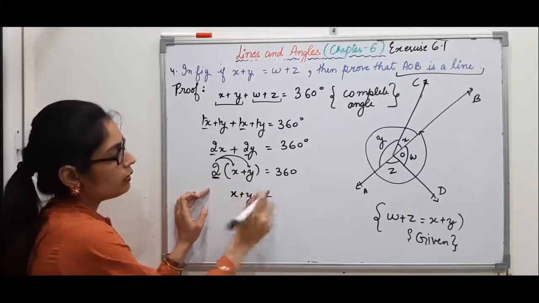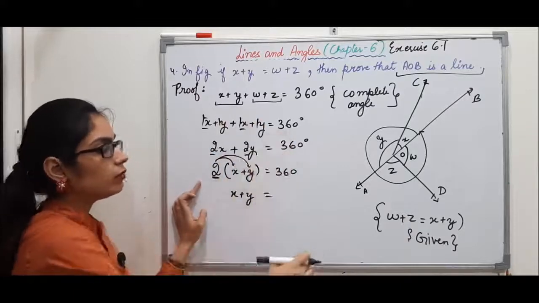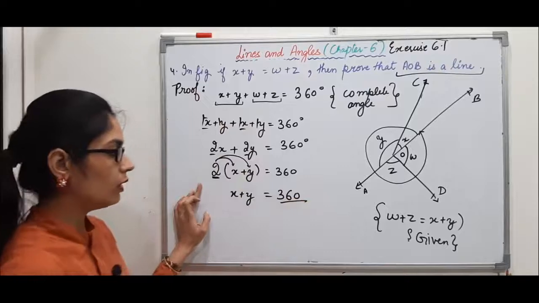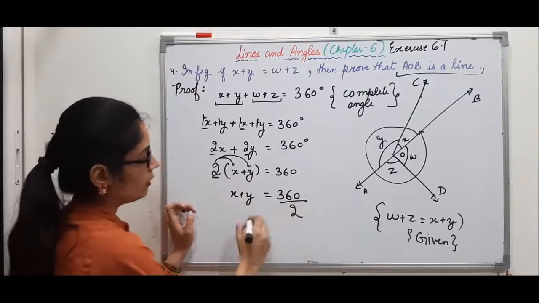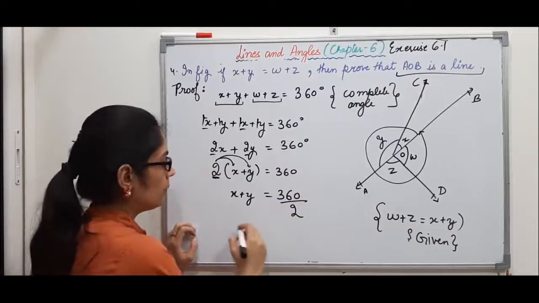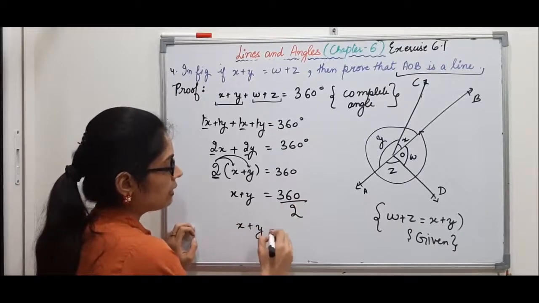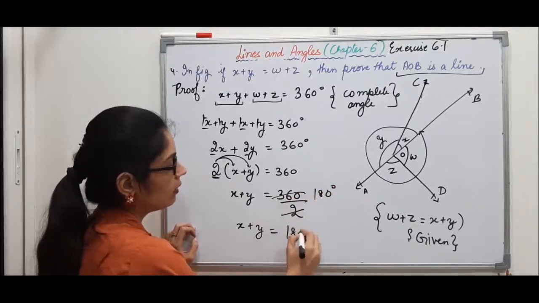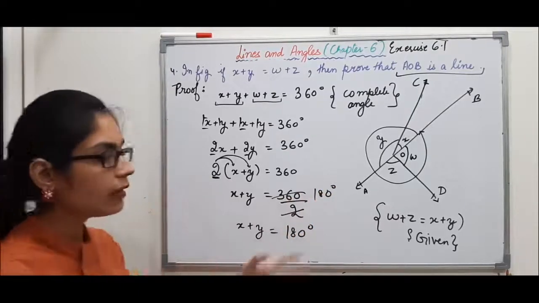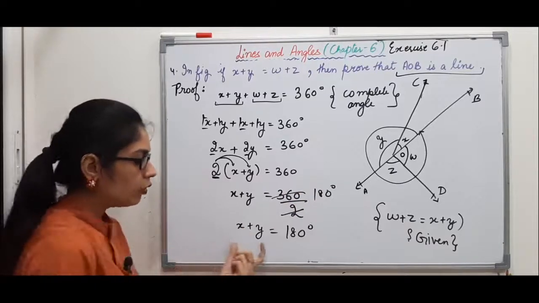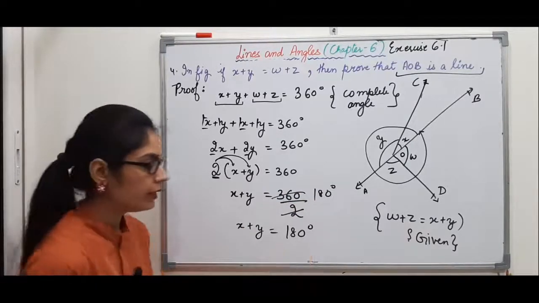Because we need the value of this, 2 will shift to the other side. Since it is getting multiplied on this side, on changing its side it will get divided, because multiplication is changed into division on changing the side. So x plus y is equal to, we'll do the cancellation and we'll get 180 degrees. Since we are dealing with angles, the sign of degree you always have to write. Now we got the value: x plus y is equal to 180 degrees.